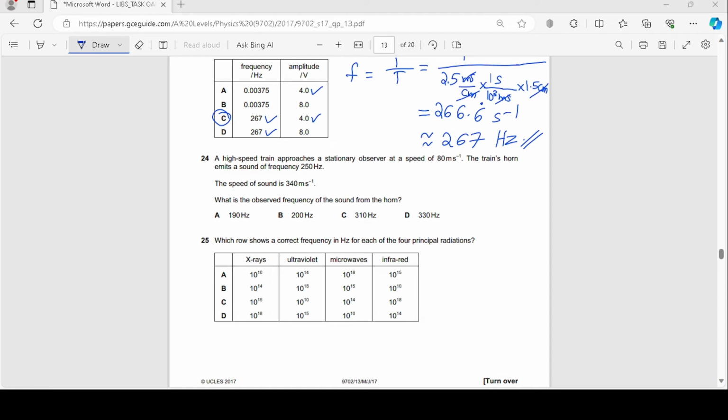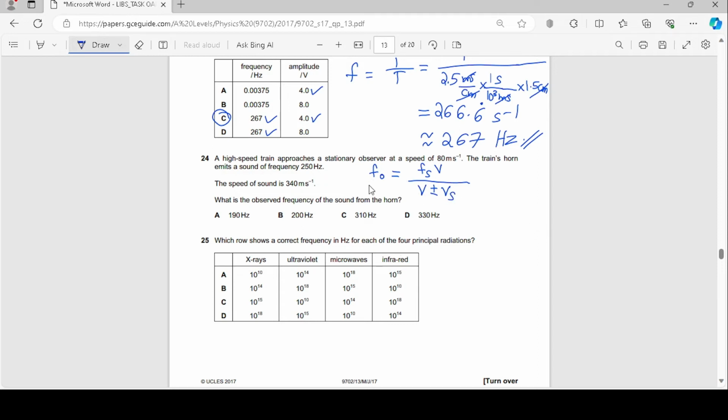For this, we can use the Doppler equation. So f observed equals the frequency of the source times v over v plus or minus the velocity of the source.